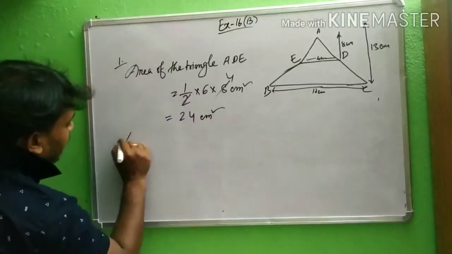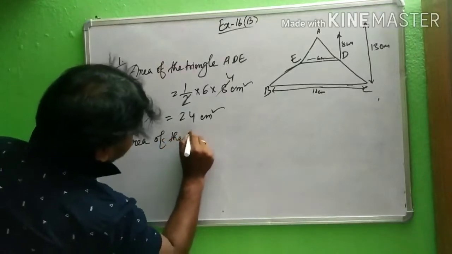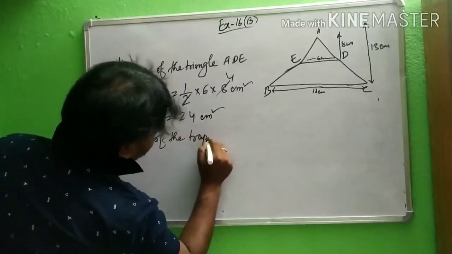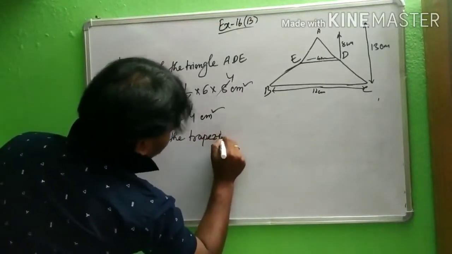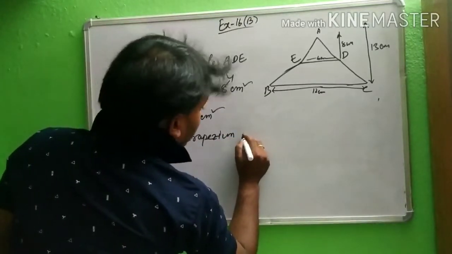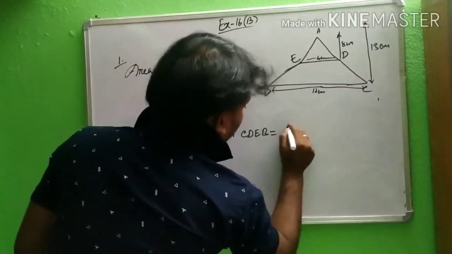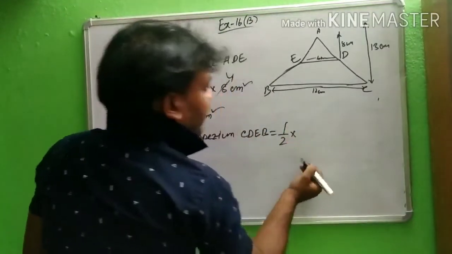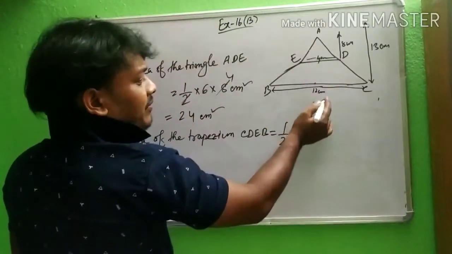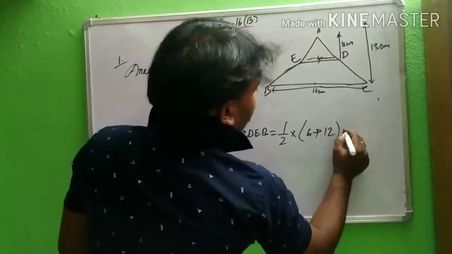And area of the trapezium CDEB equals half into sum of parallel sides. These two sides are parallel, so 6 centimeter plus 12, into height.